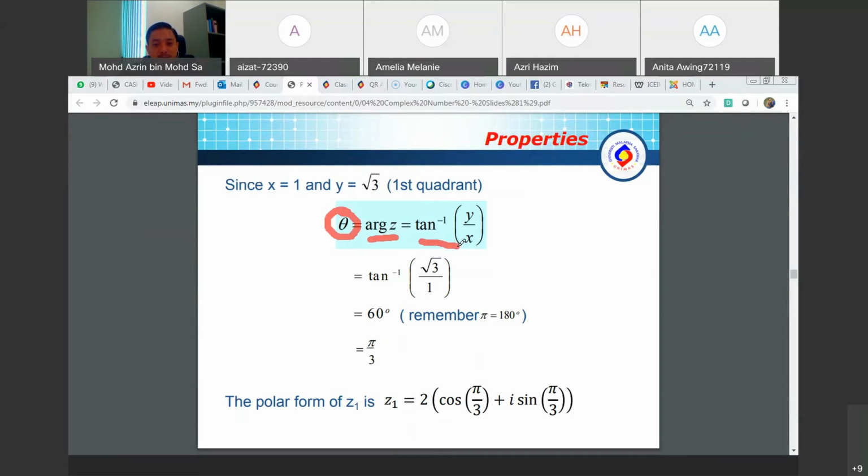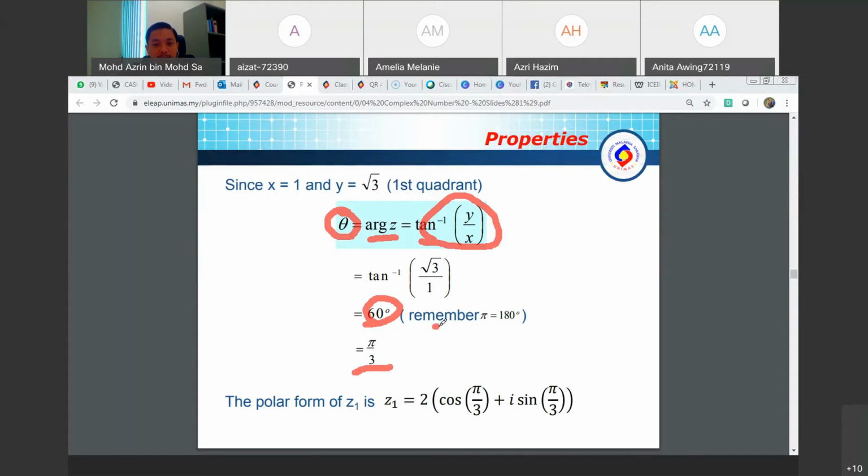Argument Z is equal to inverse tangent of y over x. So where is y? Here y is square root 3, x is 1. So inverse tangent of square root of 3 divided by 1. So you get 60 degree, or in radian you get pi over 3.